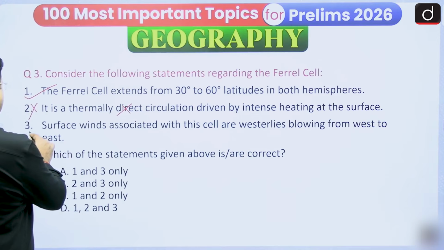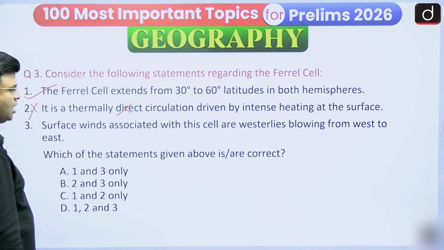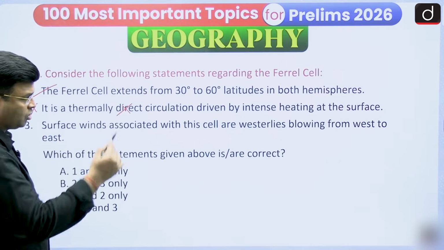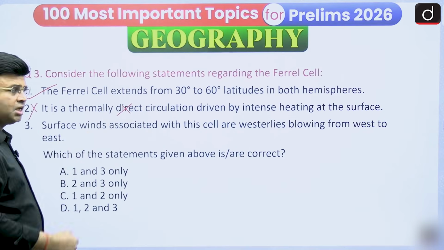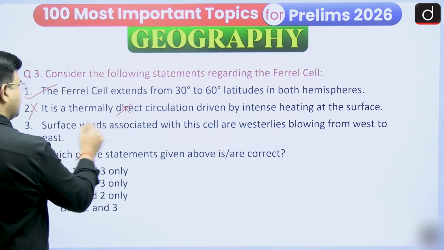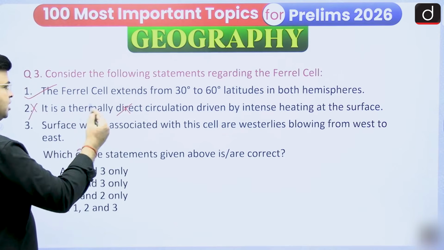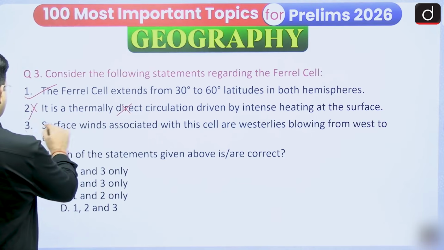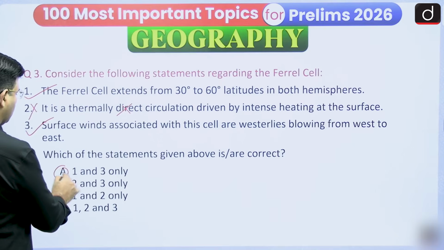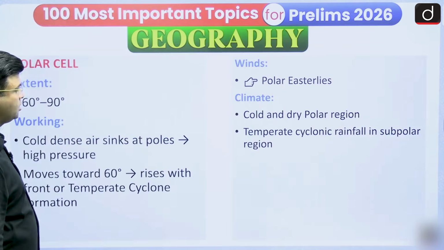Then the third statement: surface winds associated with this cell are westerlies blowing from west to east. Yes, they flow from southwest to northeast, and removing south and north, we are left with west and east. So this statement is correct. On the basis of that, option A, 1 and 3 only, is correct.